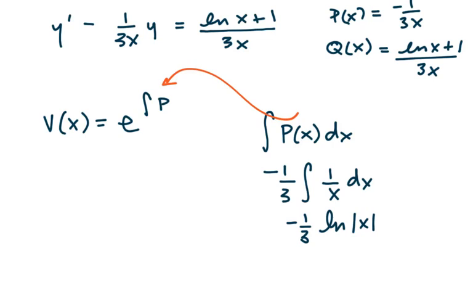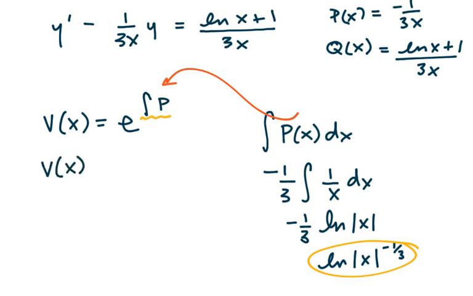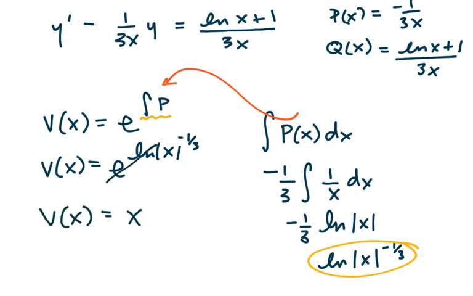And so here, we'll go ahead and use that power rule property of logarithms, and I'll put that negative 1/3. So this is equal to what we have up in the exponent. V of x is e to the natural log of x to the negative 1/3, which those cancel, and we're going to get that v of x equals x to the negative 1/3.